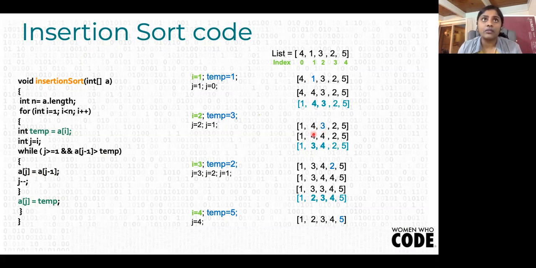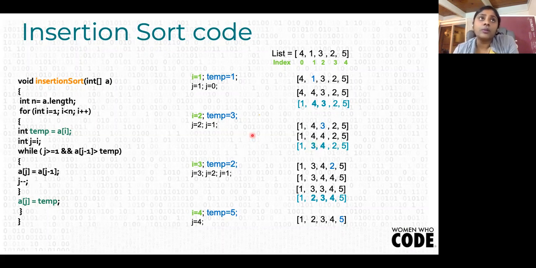Before moving 3, we check if there are any other elements in the list that have to be sorted. So j's counter will get reduced from 2 to 1. And in this case, 1 is already less than 3. So we are good. We don't need to check again, and we will exit out of this while loop. And then we'll place this element 3 in index 1. j's value will be 1 finally. So it will be placed at index 1, which will now hold 3.